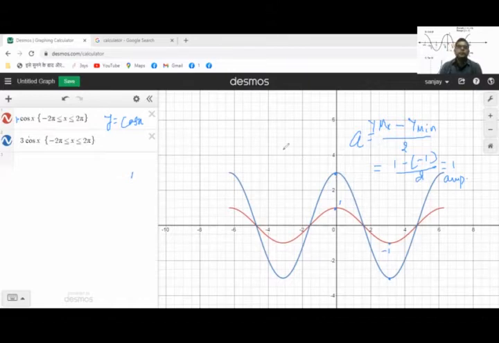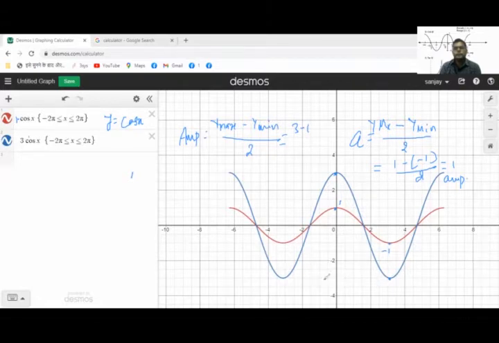But if you would like to apply the formula, you can write amplitude equals the difference between maximum and minimum y, so y maximum minus y minimum, divided by 2. Y maximum you can see is 3, and y minimum you can see is -3.